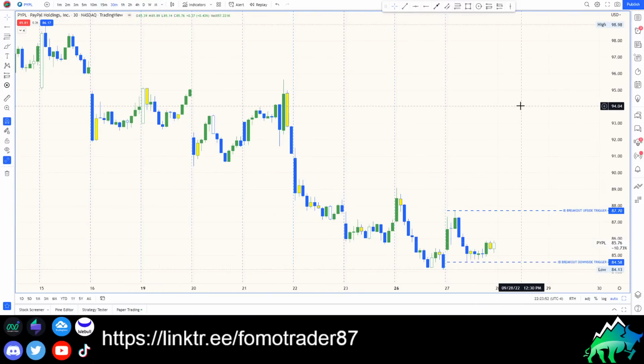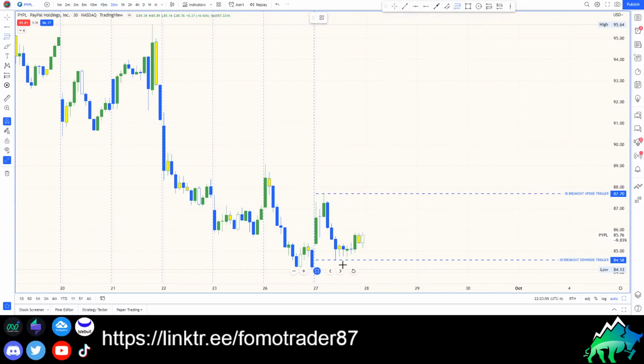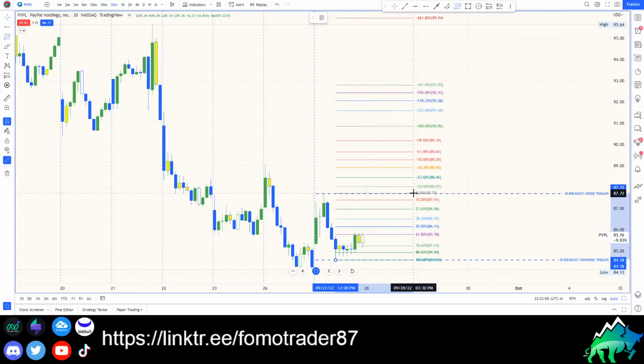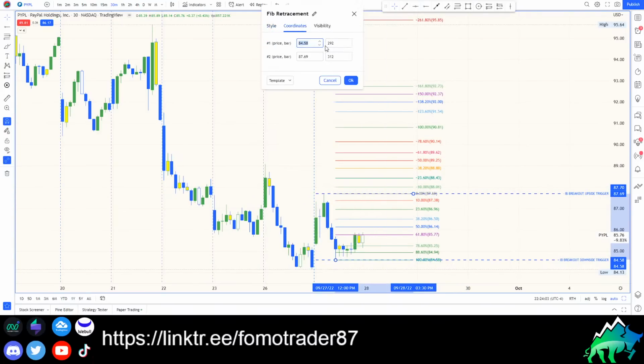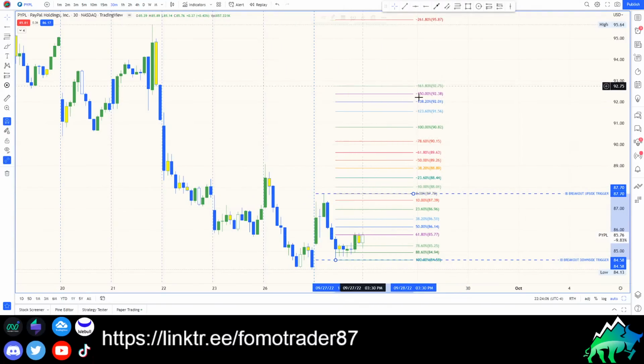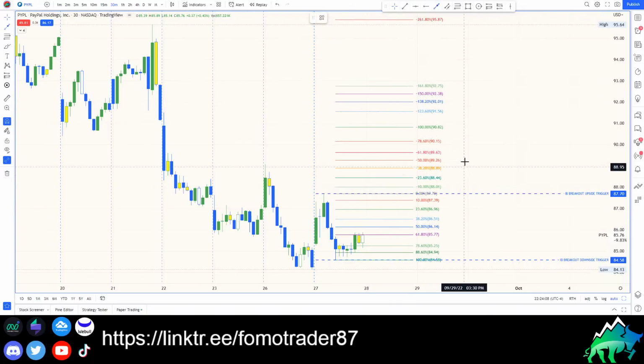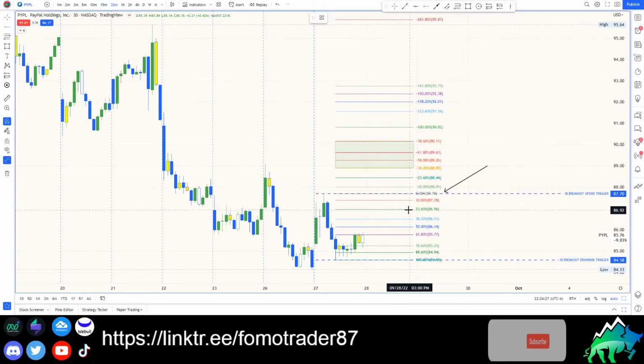Let's switch to a lower time frame. So we would look for a break above this high here at 87.70, and then we would go into calls. Then my profit targets would be from the 38.2 Fibonacci extension to the 78.6, and my stop loss would be the 23.6 here.